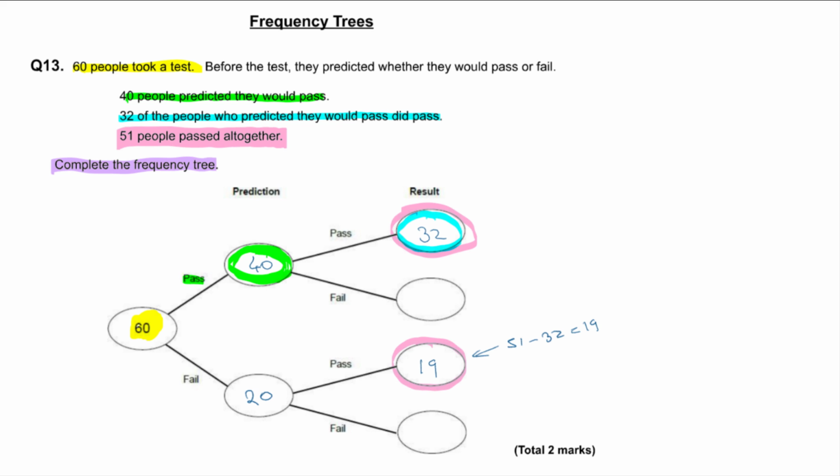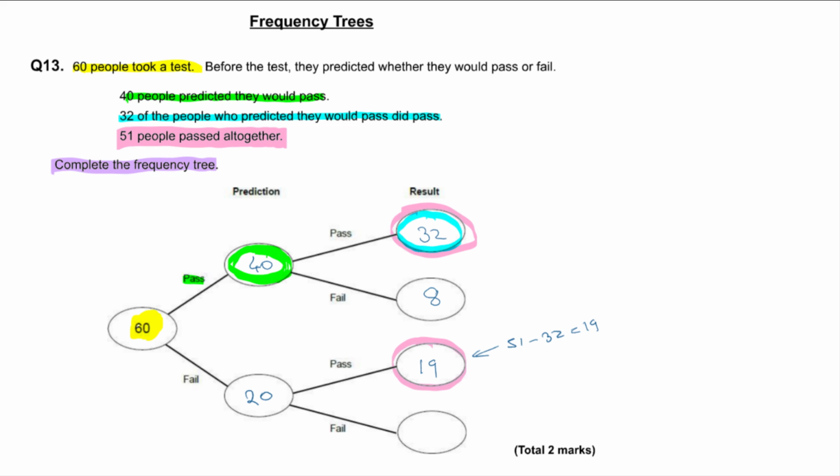Doing the same thing for those who thought they would pass and then went on to pass or fail. I know that there are 40 people who thought they would pass, and of those 40, 32 actually did pass. So the difference between 40 and 32, which is 8, must be the number of people who thought they would pass but then actually went on and failed, because 32 plus 8 is 40.